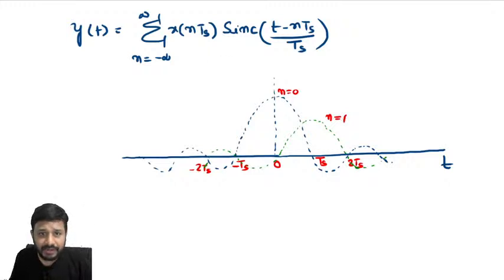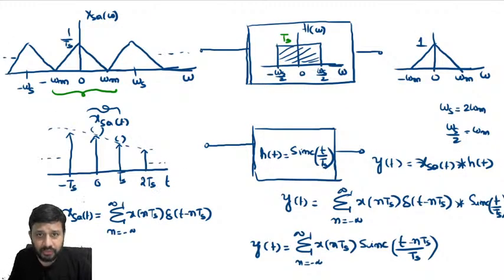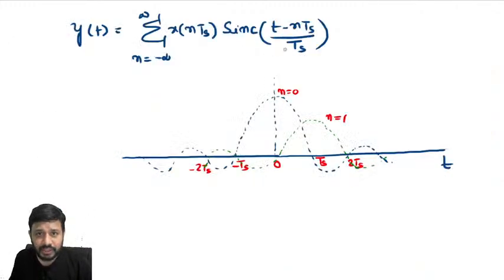And what happens if I substitute n is equal to minus 1? Sinc of (t plus ts) by ts means sinc of t by ts is advanced, shifted to the left by ts, and its shape can be shown like this.